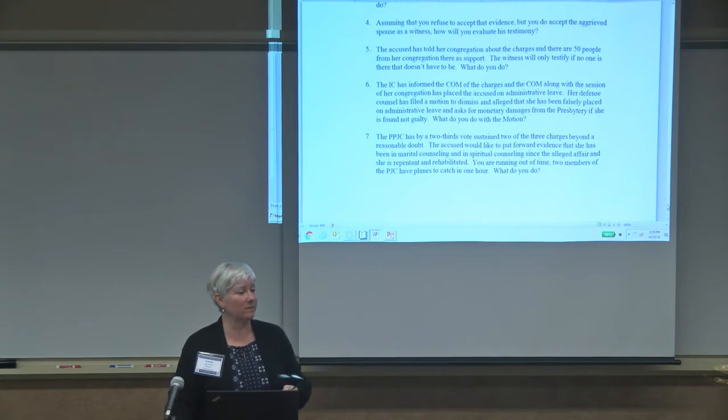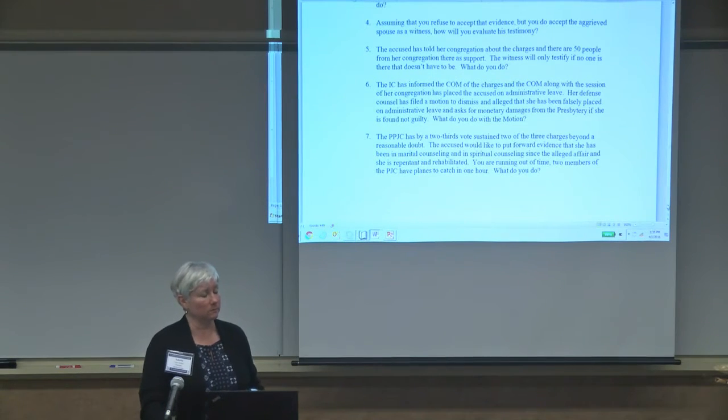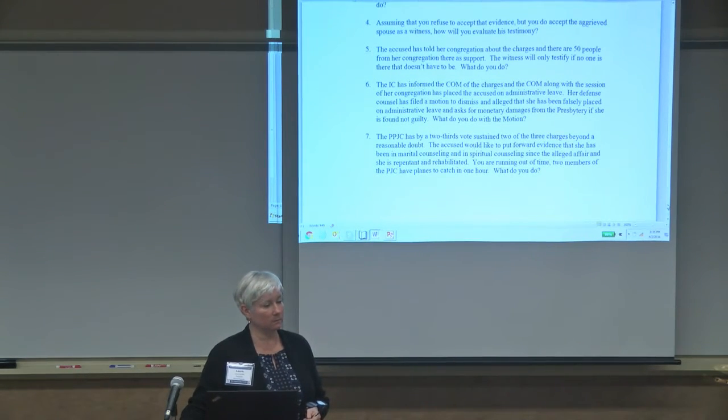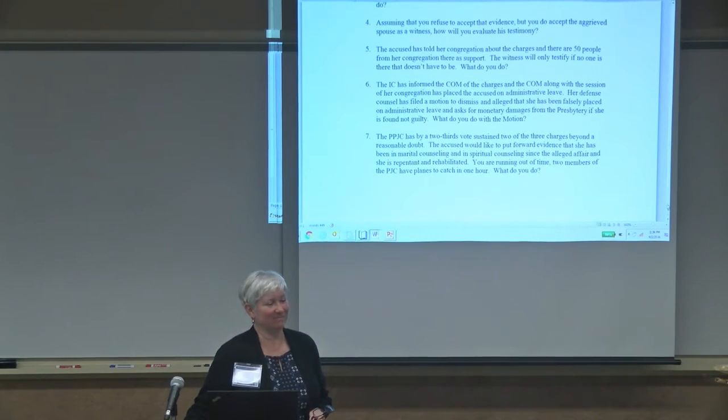Let's start in the back there. I would assume a lot of these cases do involve, when you get into the second phase, the parties saying they've done marital counseling and spiritual counseling, and they're repentant and rehabilitated. That question of whether they're rehabilitated is very important.